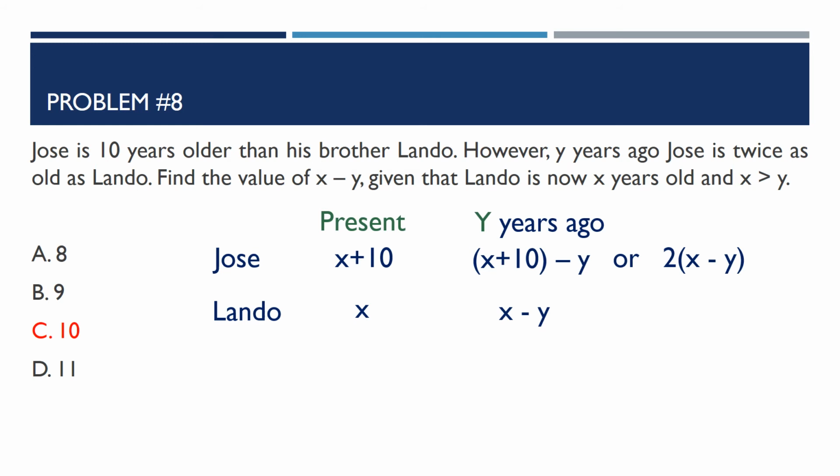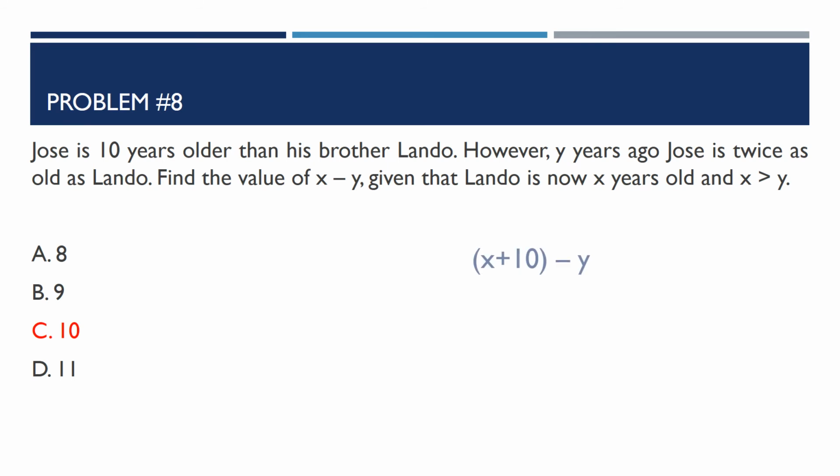We are going to solve this problem with this statement, because it tells you that there are 2 expressions which are equal. x plus 10 minus y is equal to 2 times x minus y, because these 2 are the ages of Jose, and they must have the same value. So we're going to transform it into an equation to solve this problem.